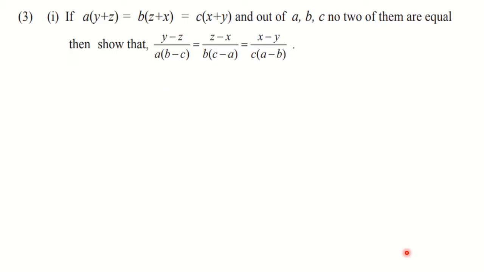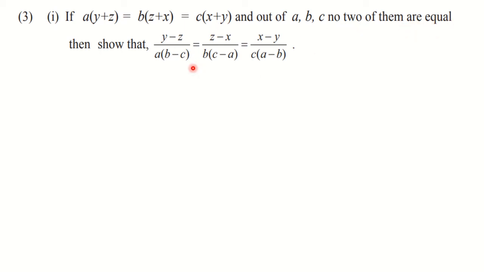Now let us go further towards the third question, where you are going to use the theorem on equal ratios. See, what is the question? If a inside the bracket y plus z is equal to b inside the bracket z plus x is equal to c inside the bracket x plus y, and out of a, b, c no two of them are equal.